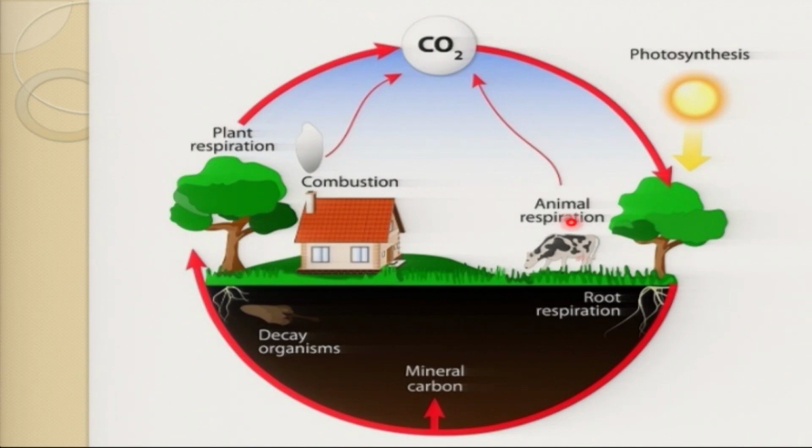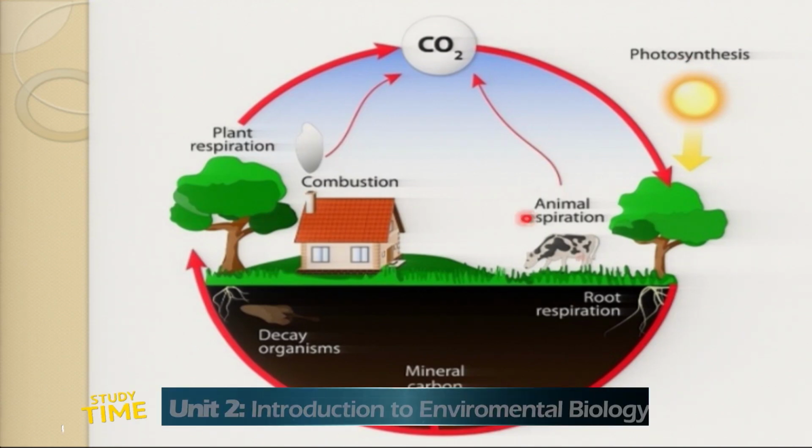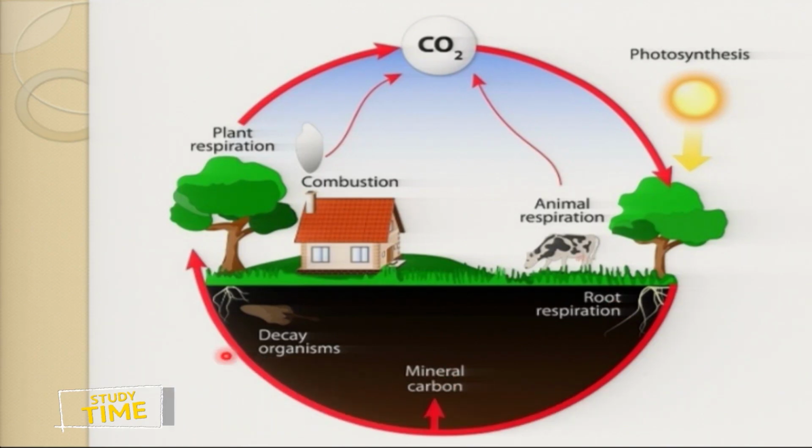Animals, those who do respire, release carbon dioxide. The plants also consume the carbon dioxide and use it for photosynthesis. These are plant roots; they also absorb and go through the process of respiration. We have mineral carbon, we have decayed organisms, and so on. All these show how energy is going to flow in these organisms.